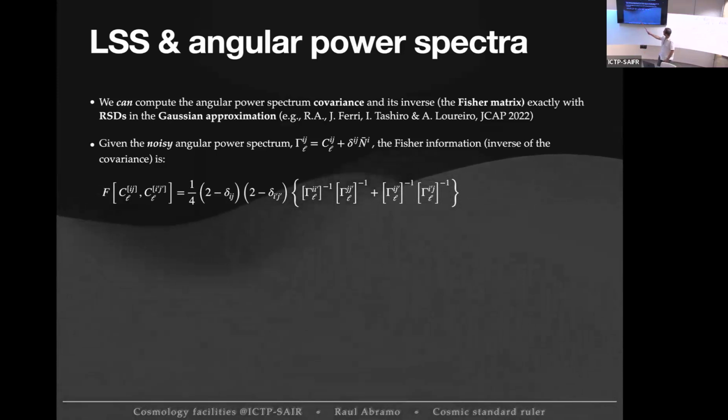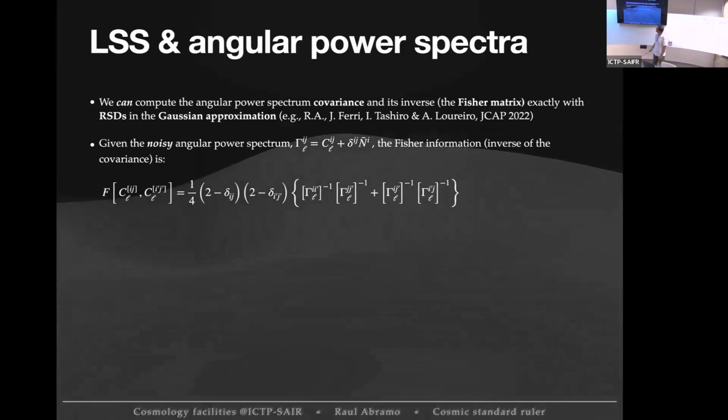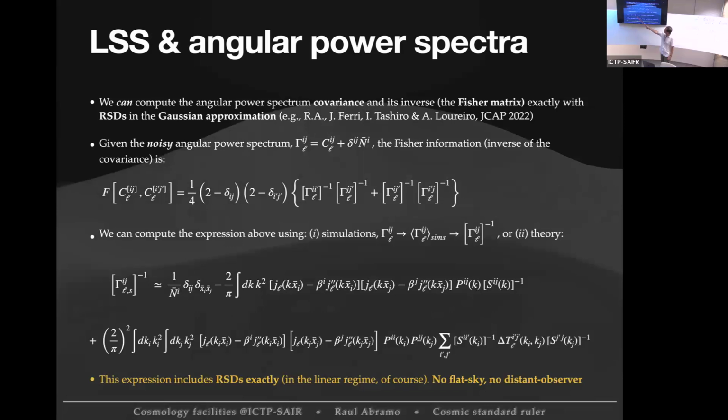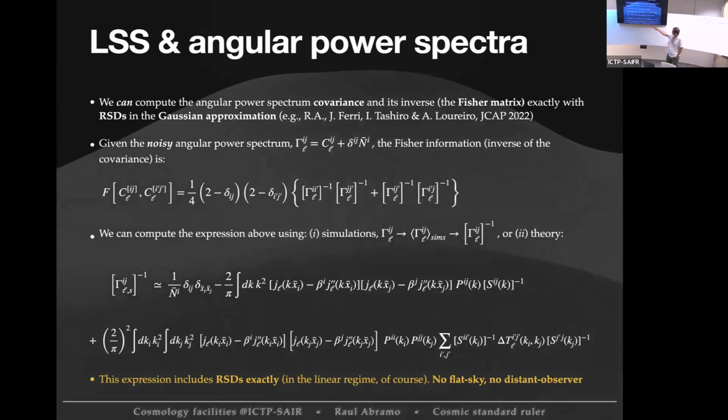Now, it turns out that you can compute this. You can take the approach where this is computed using simulations, and then you plug this in here, and then you put this in a chi-square, for instance, a likelihood. Or you can also invert this semi-analytically, in this way. This is an approximate formula, exact in powers of some corrections here.